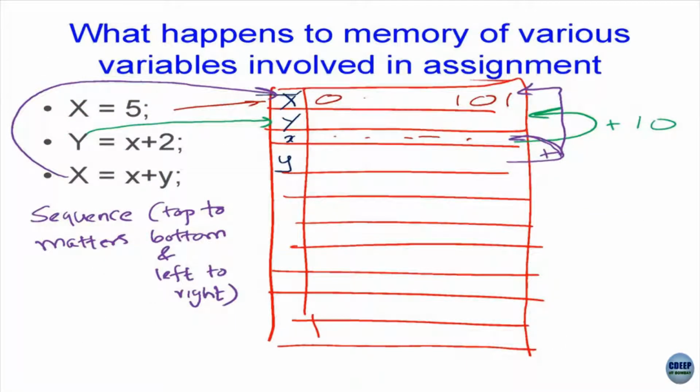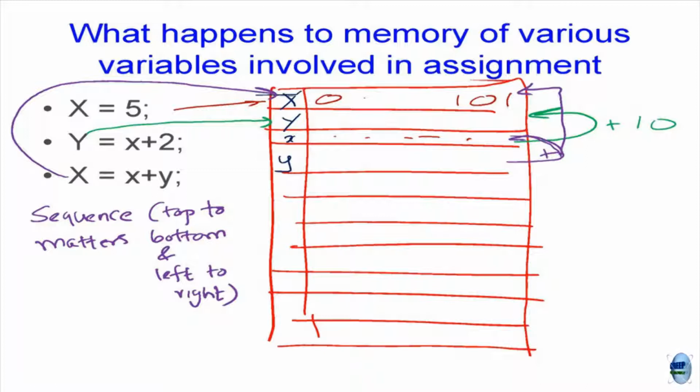What I want you to do is, for the sequence of steps, capital X equals y, capital Y equals small x plus 2, capital X equals small x plus small y, identify what exactly happens with respect to the memory locations. Assume we have a table, the memory table.